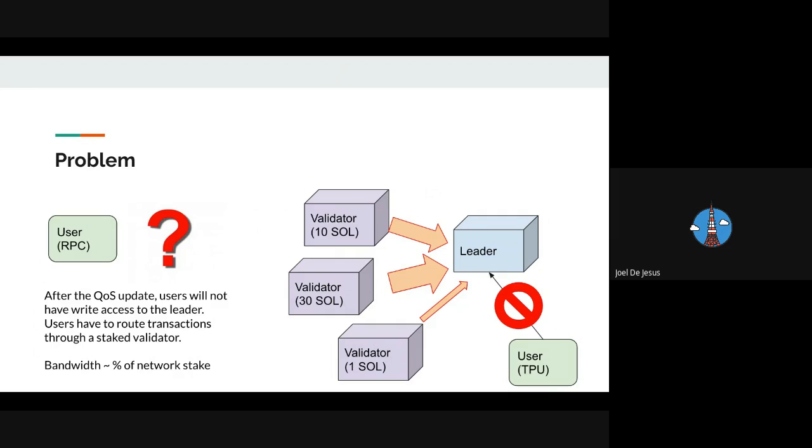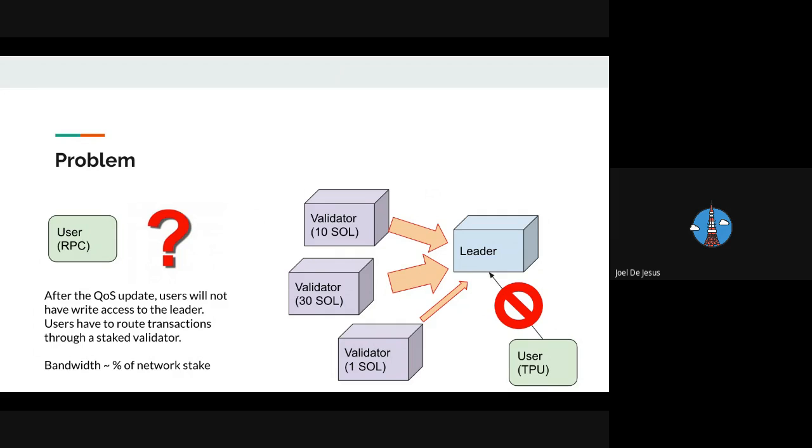A leader is a validator picked according to some schedule calculated on chain ahead of time. The leader is the one who creates the blocks, which means everybody's got to get their transactions to the leader. Up until now, users have been able to talk to the leader directly, give the leader their transaction, and then the leader puts it into the block.